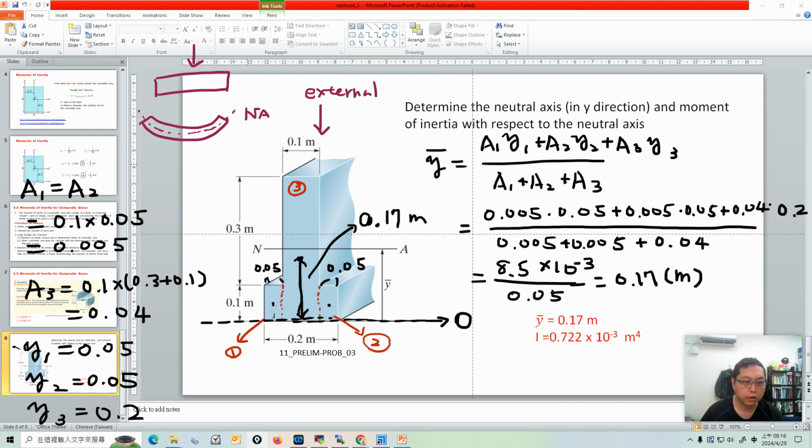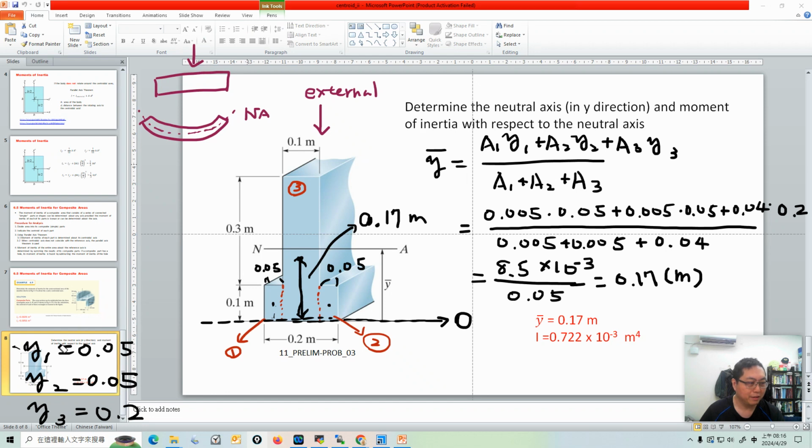Where should I divide it? Oh, sorry, let me erase here. Sorry, I drew the wrong picture, so I just made a modification. Here is the neutral axis.